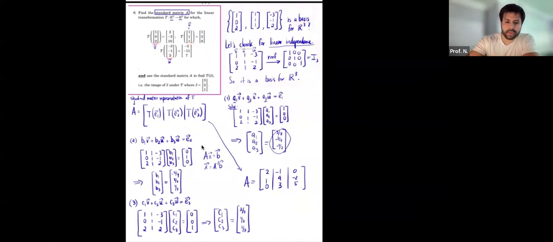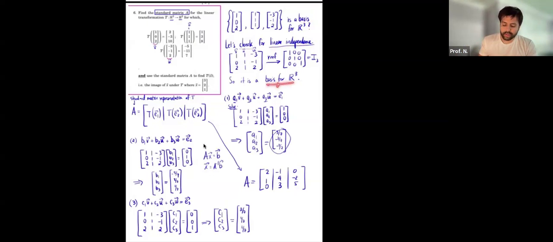We showed that this was a basis because the row reduced echelon form was the identity matrix, and so they're linearly independent, and you're in a three-dimensional space, so your basis must contain three vectors. The moment you have three linearly independent vectors in a space of dimension 3, it is automatically a basis. So I have a basis.